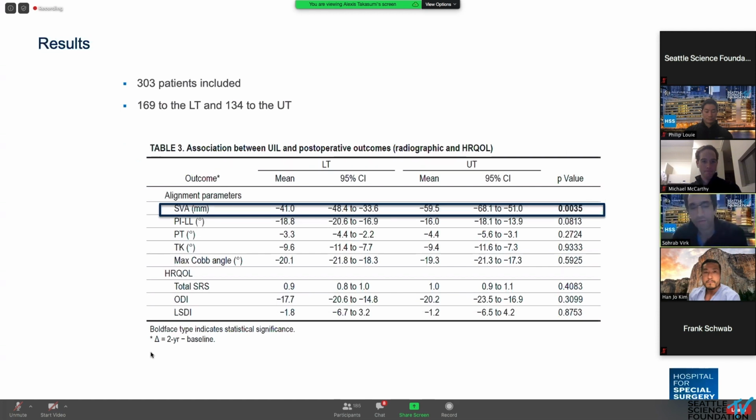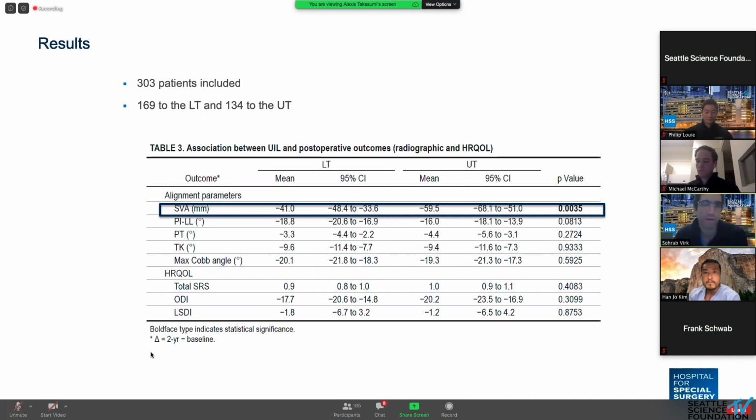303 patients were included, 169 in the lower thoracic, 134 in the upper thoracic. What they found, in summary, was that if somebody had a worse starting deformity, surgeons typically went up to the upper thoracic spine.